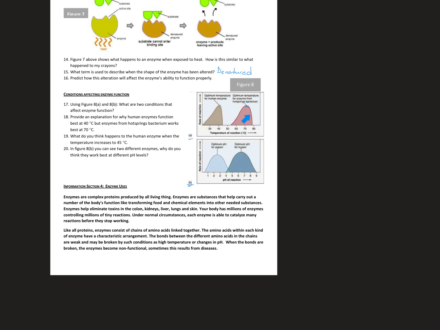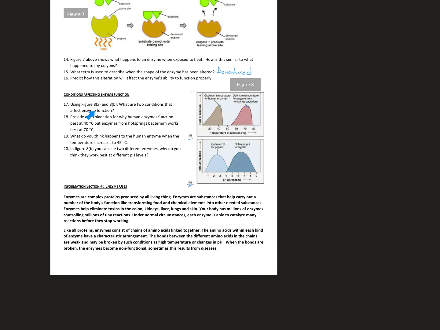But then they stop working when it gets too hot, and ours stop working when it gets too hot. When it gets hotter than our average temperature, or hotter than the bacterium's warmest temperature, they stop working.